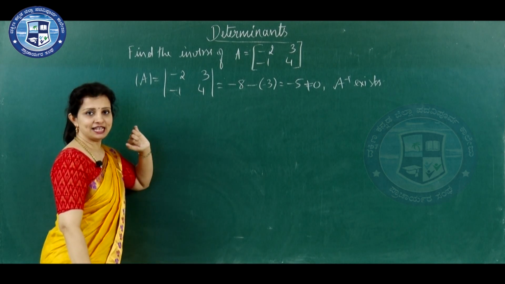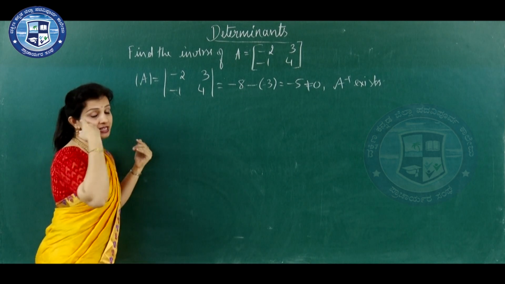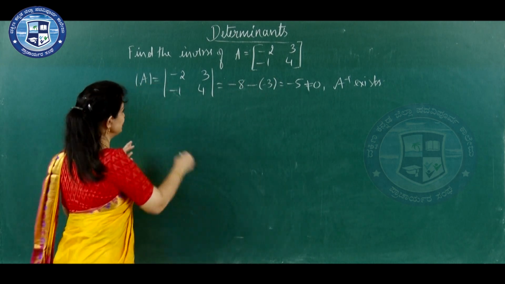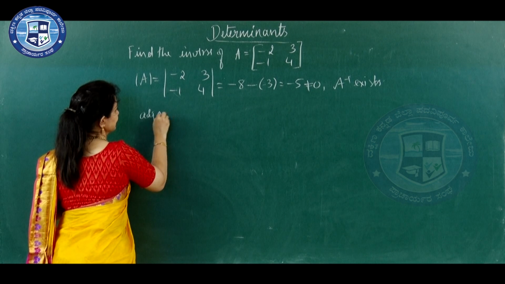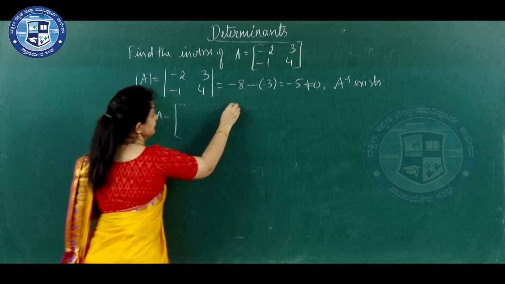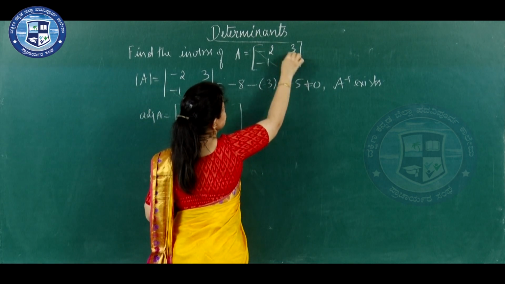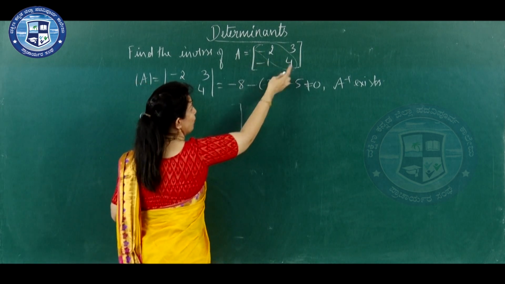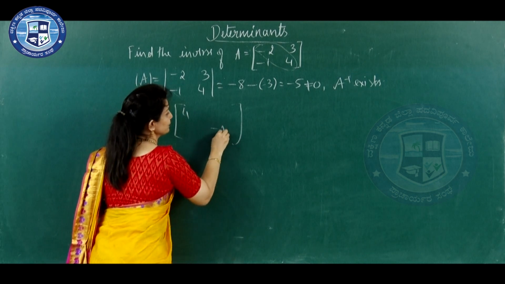So if A inverse exists, what is adjoint A? If it is a square matrix of order 2, adjoint A can be found directly. Interchange the diagonal elements: minus 2, 4 change to 4, minus 2.